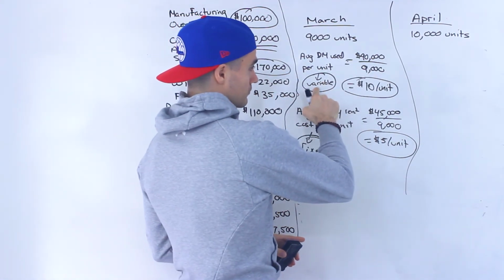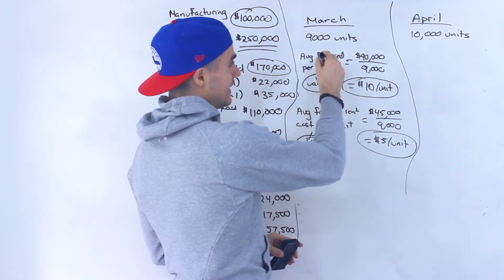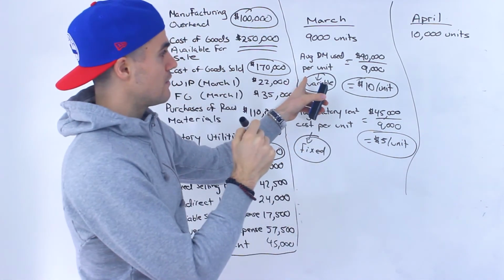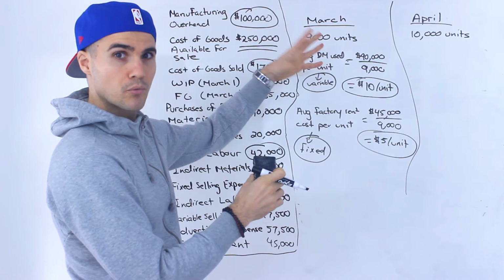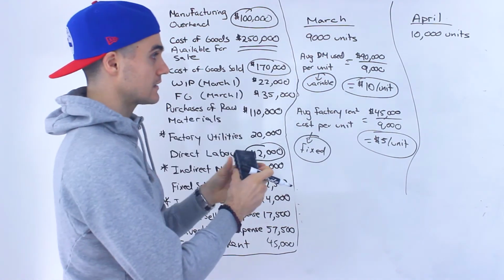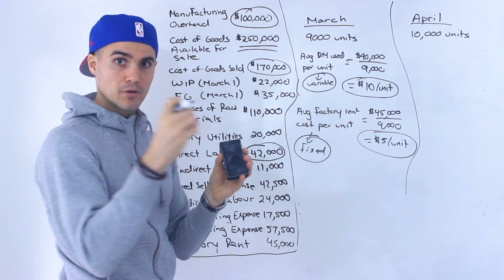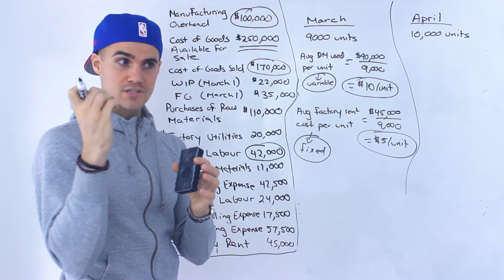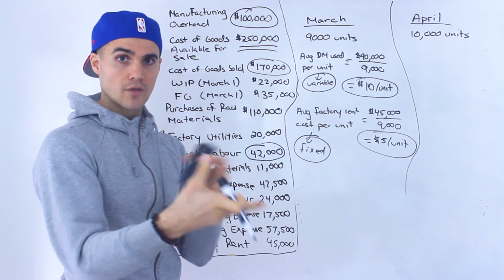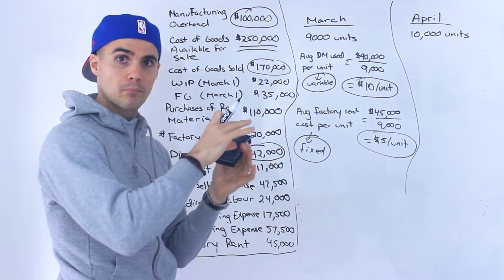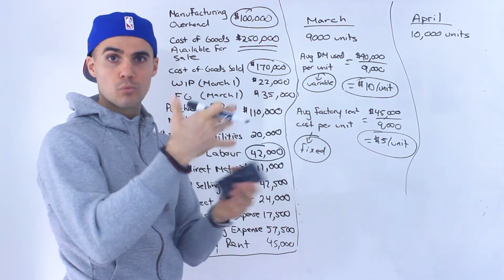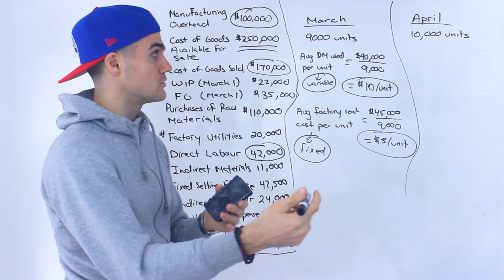So notice that because this is a variable cost, the direct materials used, remember what are direct materials used? It's basically the traceable amount of raw materials that's used on the product when making the product. And so it's going to be a variable amount. The more of the product you make, the more direct materials you're going to use.